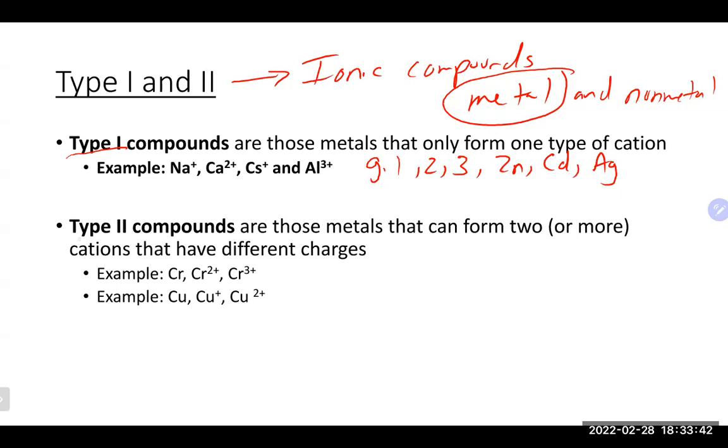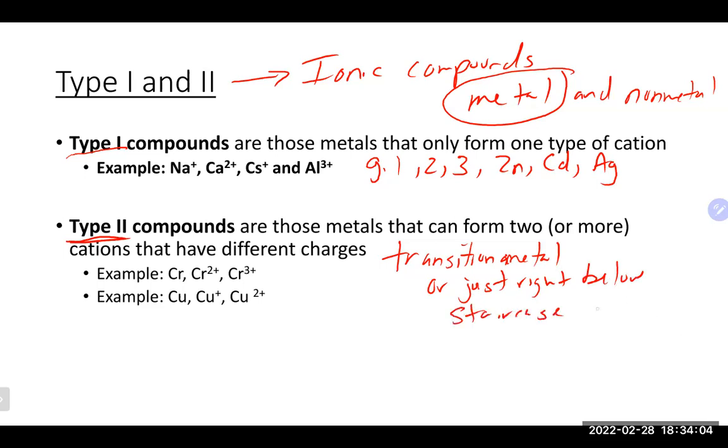Now, type 2 compounds, as we'll talk about, are pretty much everybody else. So that is pretty much when the metal is a transition metal, or just to the right, below the staircase.